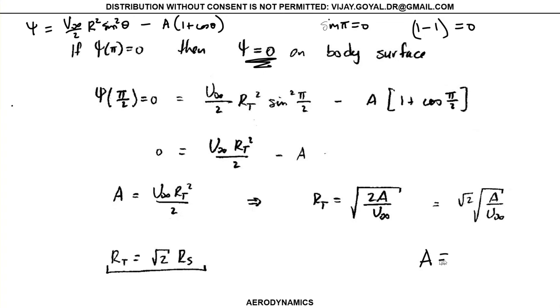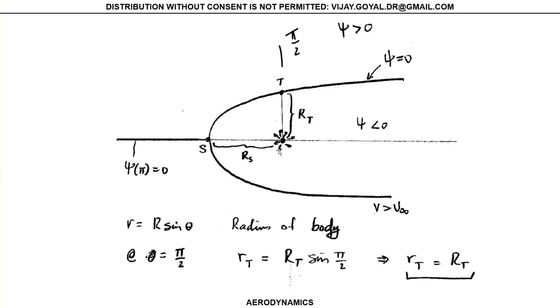Your a was q over 4 pi. But also remember, this was rs that we already defined, so your tangential radius would be square root of 2 times rs. Okay, so now we have the distance rs, we have the distance rt. All those concepts are important as we move forward.